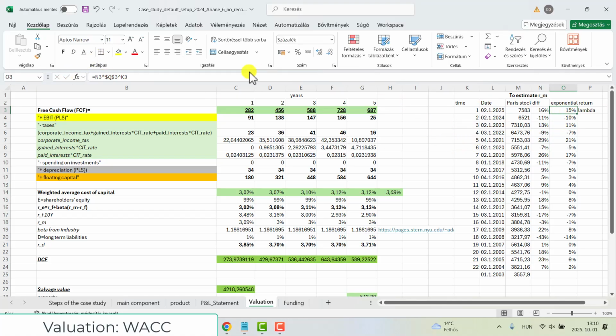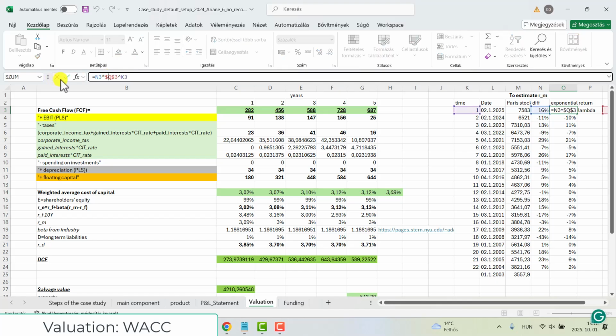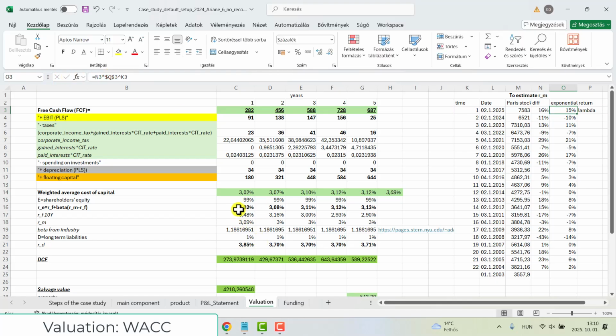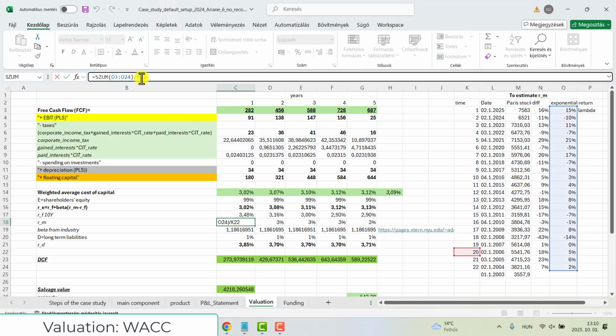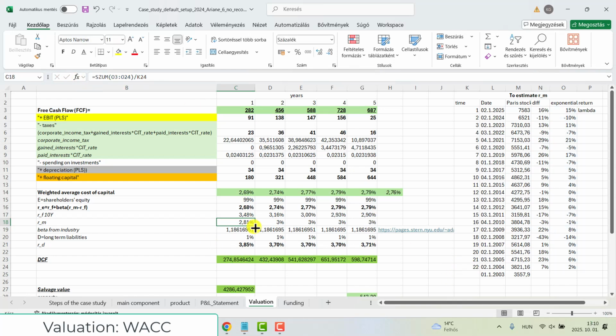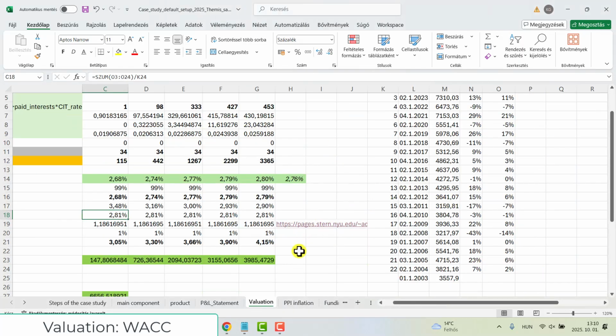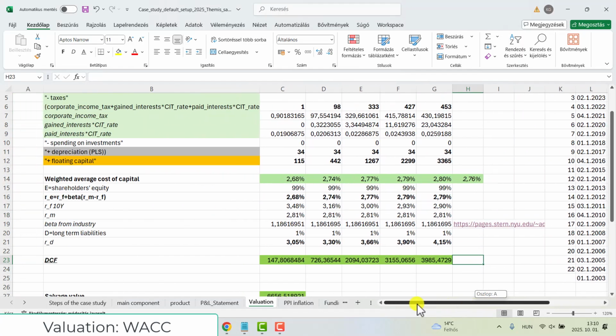Then why do we have... Ah, because it's Q22. Sorry, Q24. Now it's the same. Okay, so see what is maintaining.